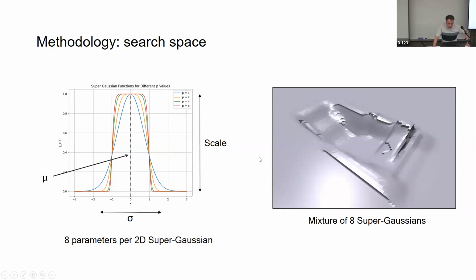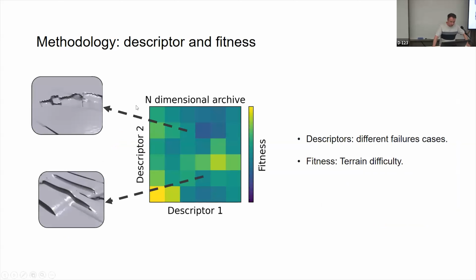So in total, I have 64 parameters to define each terrain. The QD algorithm will evolve these 64 values to create the terrains we want to find. So the goal is to create an archive where each cell will contain one interesting terrain.